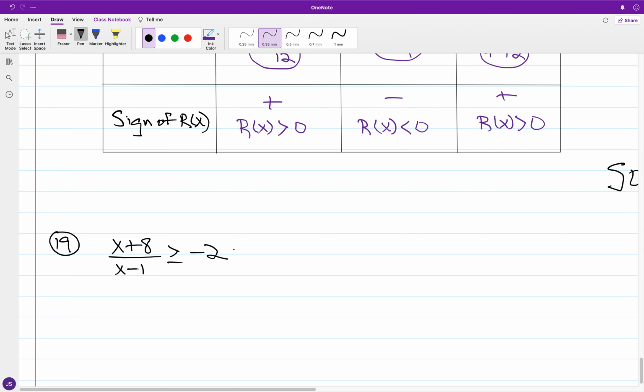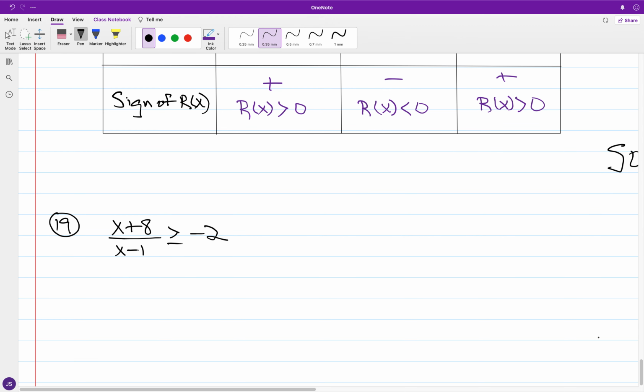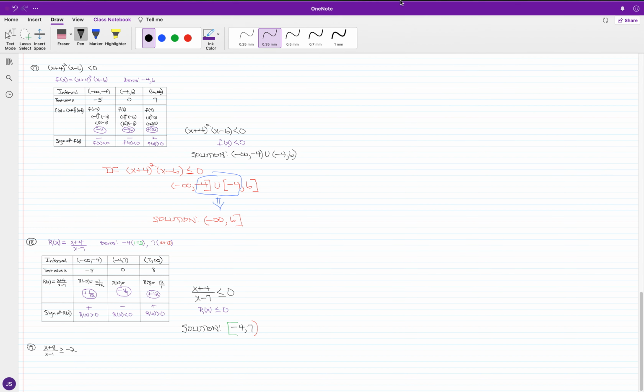Okay, and if I consolidate, ultimately, I have x plus 8 over x minus 1 is greater than or equal to -2.